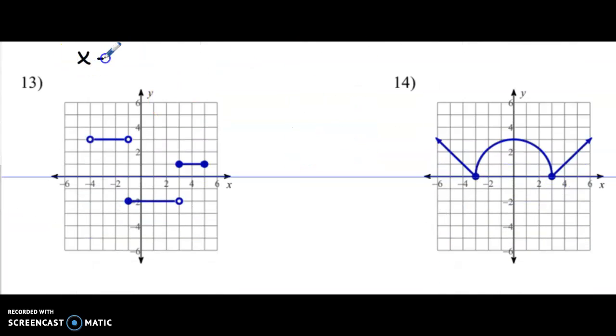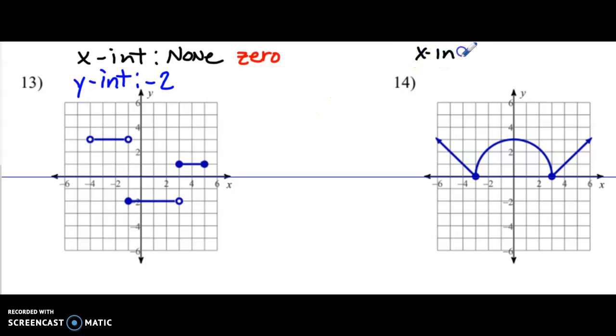For number 13, the x-intercept, does it cross the x-axis? No, it doesn't. So it has no x-intercept, no roots, no zeros. The y-axis, it's crossing the y-axis only down here at -2, so it only has one y-intercept. For number 14, the x-intercepts are located at -3 and +3.